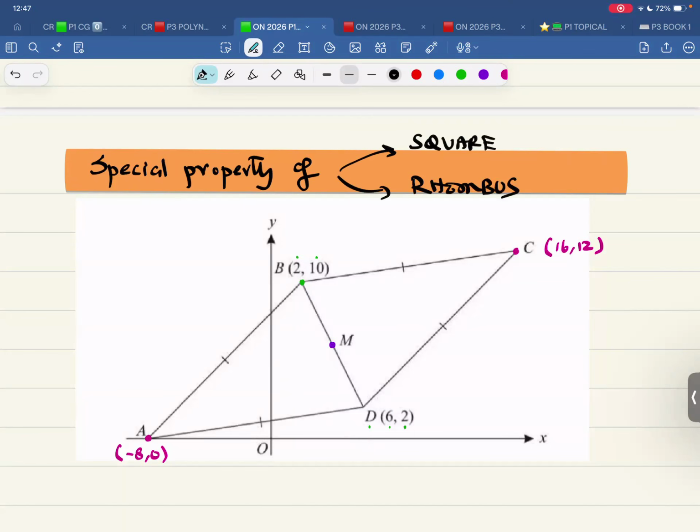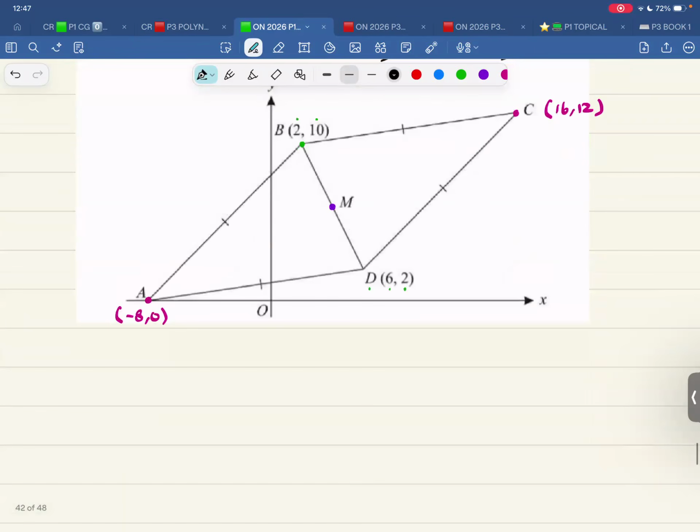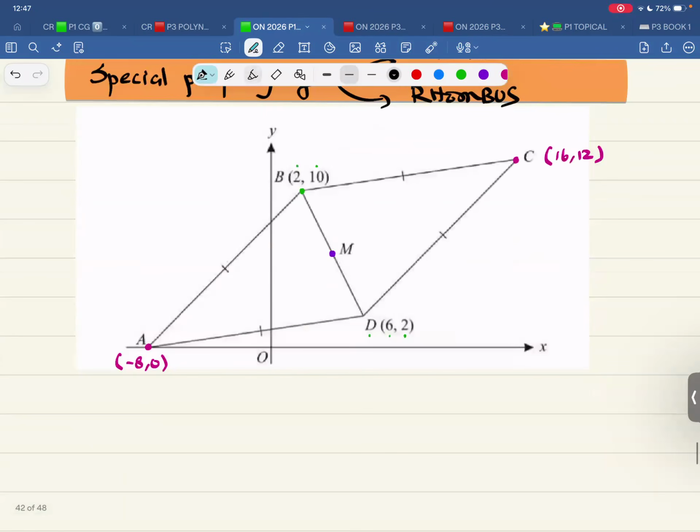What is that special property? We will soon have a look. Let me draw two diagonals. One diagonal is this, the green one. Let me draw another diagonal, this reddish one.